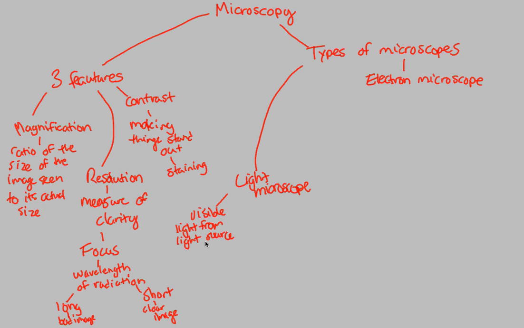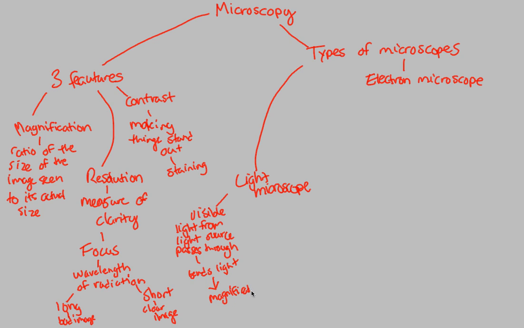It passes through the object. We just understand that it's passing through whatever you're trying to magnify, whatever you're trying to look at through the microscope. This passing through causes light to bend, so we'll say it bends light. And when we bend light, this is our key point of emphasis, this is when we get magnification.